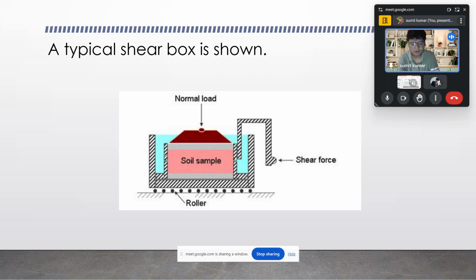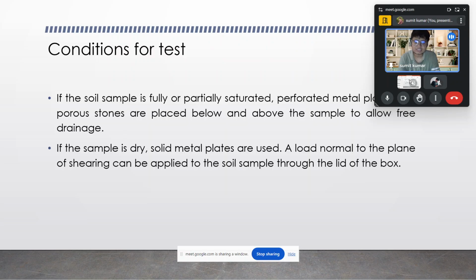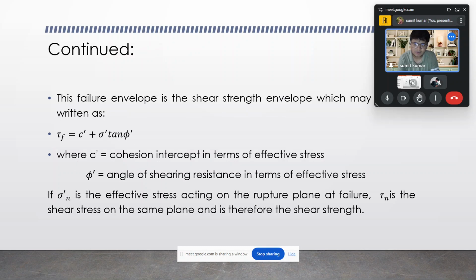The condition required for this test is that the sample is fully or partially saturated, and porous stones are used depending upon whether it is saturated or not. If not, normal solid metal plates could also be used, and a load normal to the plane of shearing can be applied to the soil sample through the lid of the box.